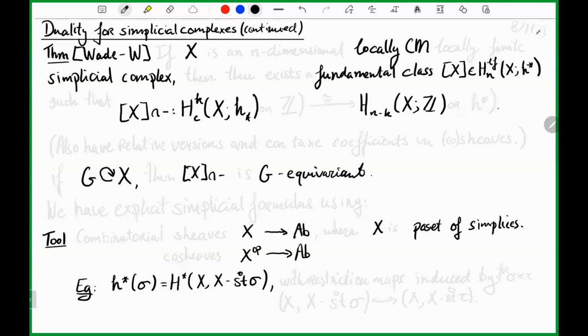And from Verdier duality, there's a way of proving Poincaré duality, which just uses the fact that the chain complex for a manifold ends up being concentrated in a single degree. You can modify this proof to get a version of this Cohen-Macaulay duality.